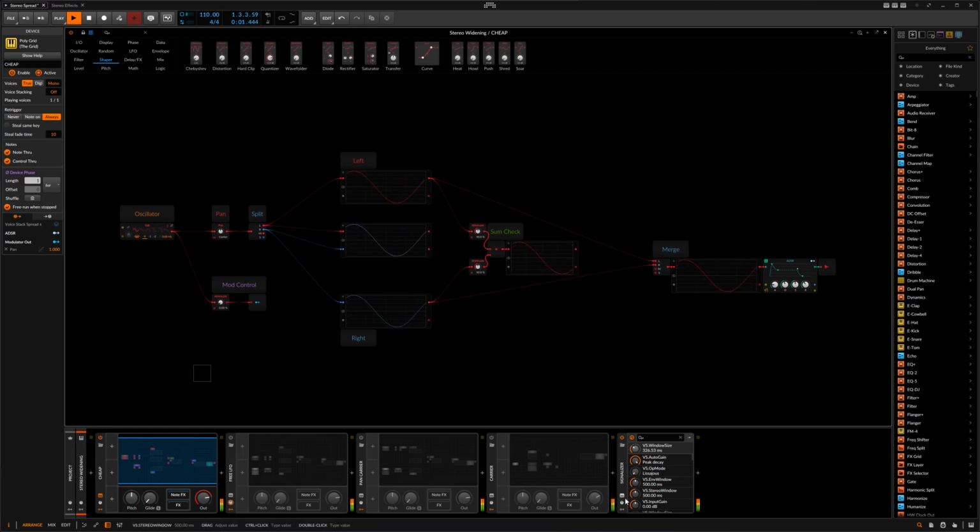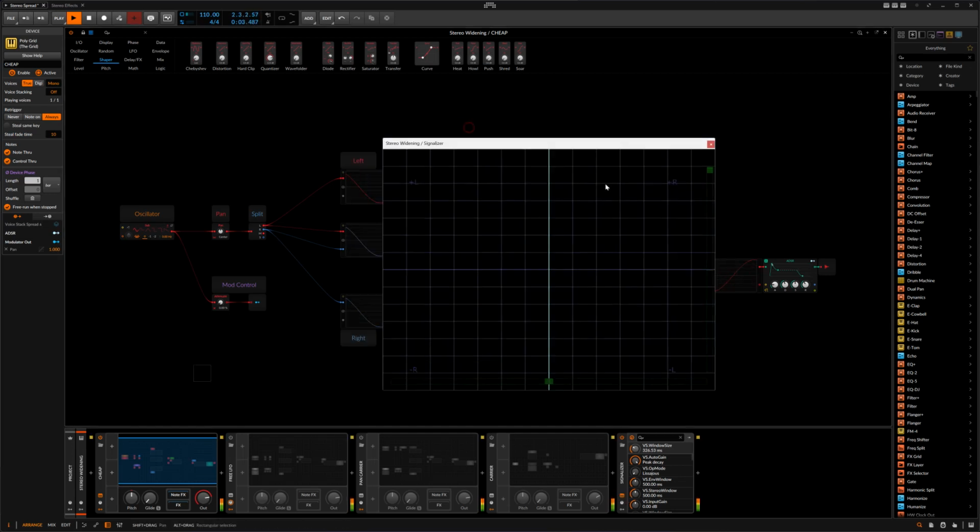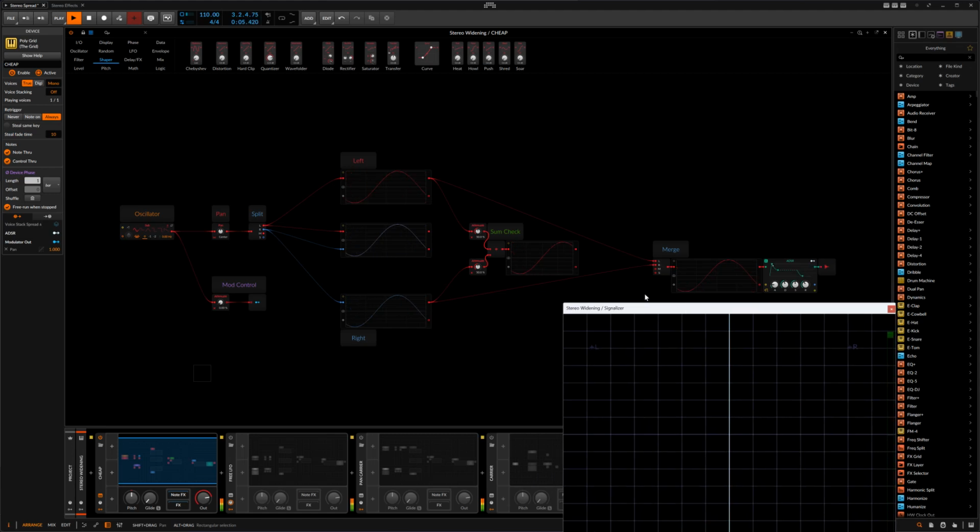So if I kick it off, this is the new version. It's just the same as the old version. It's just got additional debug information in there. So we've got the sub oscillator, and then that's going into this mod control.